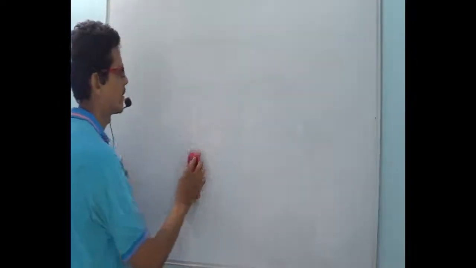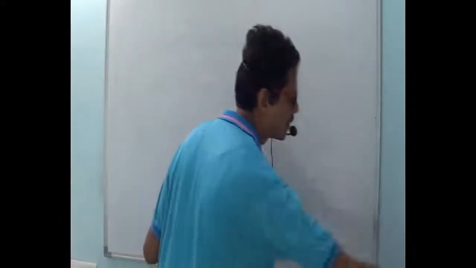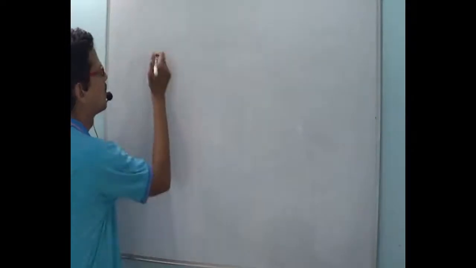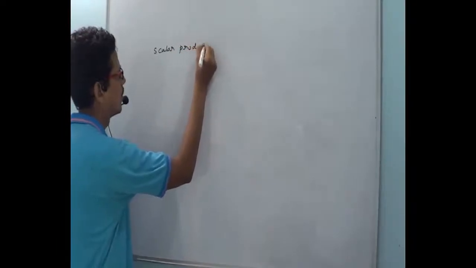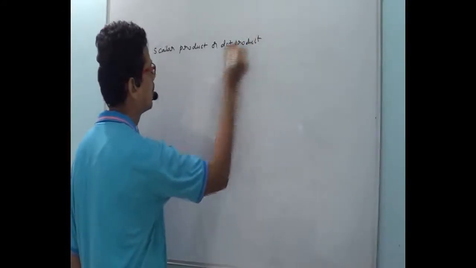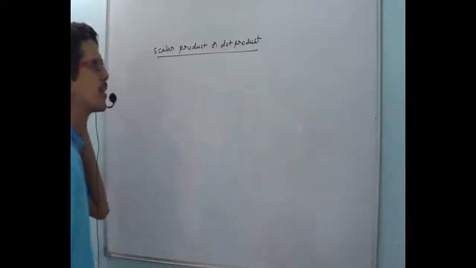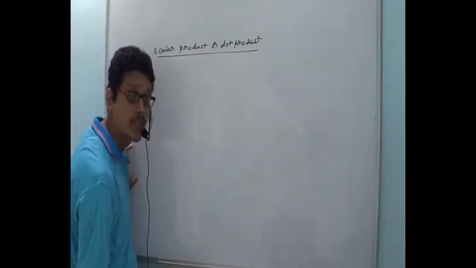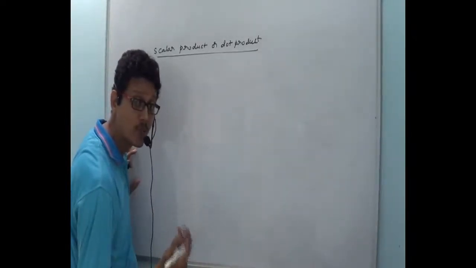Okay, side heading is this scalar product, or dot product. So if there are two vectors, if you multiply them and if you are getting a scalar quantity, then that product we call it as scalar product.